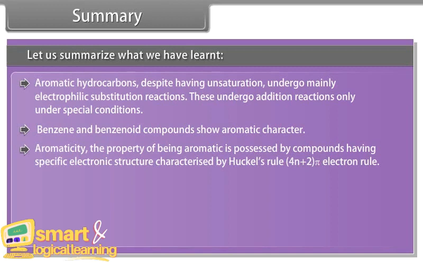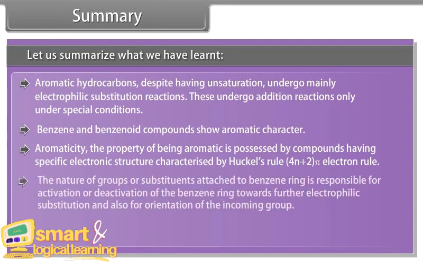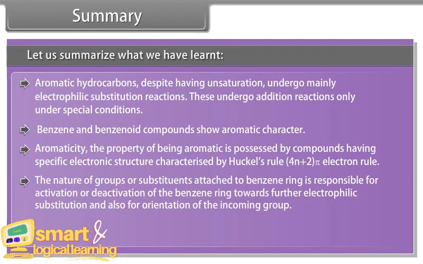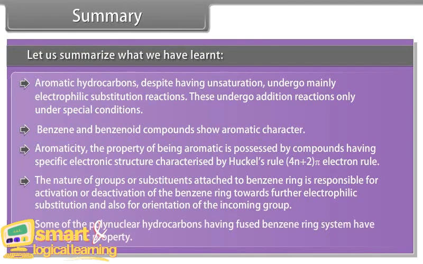Aromaticity, the property of being aromatic, is possessed by compounds having specific electronic structure characterized by Huckel's rule, the 4n plus 2 pi electron rule. The nature of groups or substituents attached to the benzene ring is responsible for activation or deactivation of the benzene ring towards further electrophilic substitution and also for orientation of the incoming group. Some of the polynuclear hydrocarbons having fused benzene ring system have carcinogenic property.